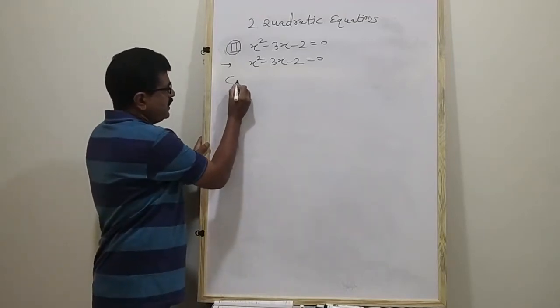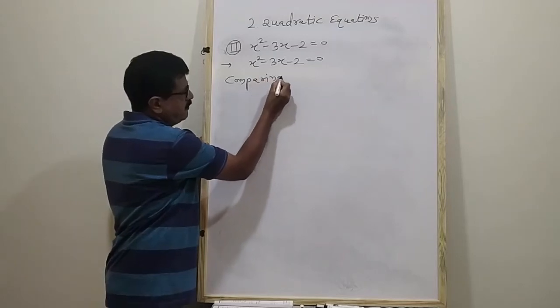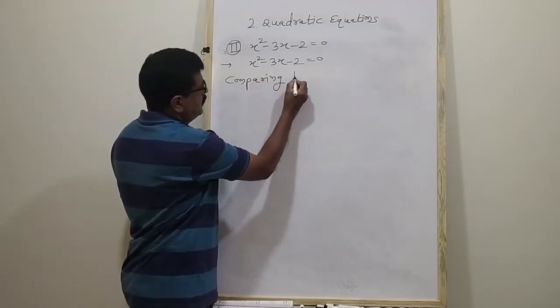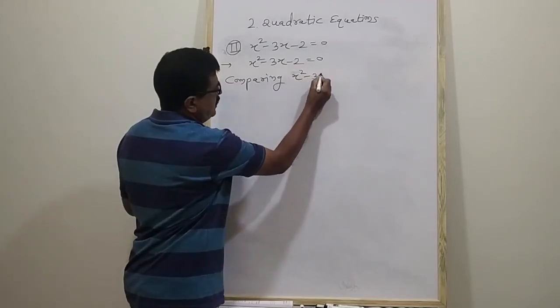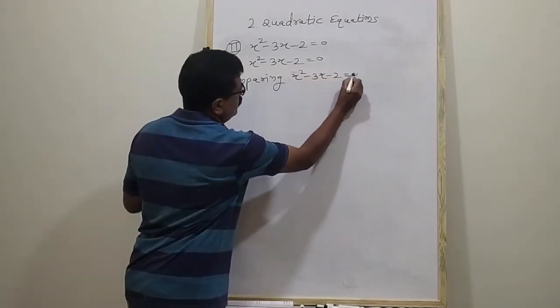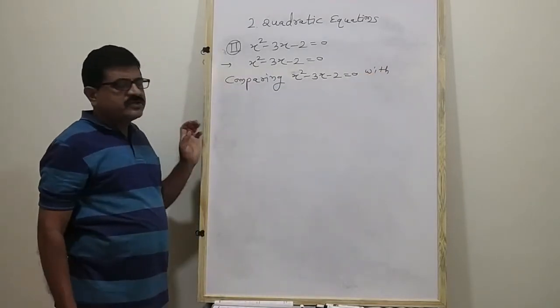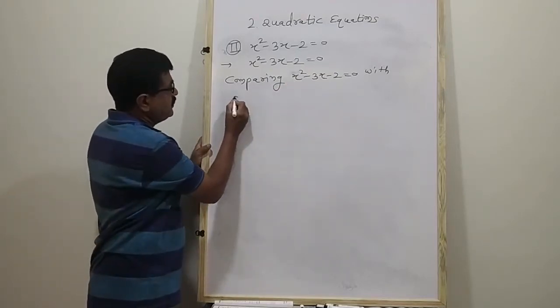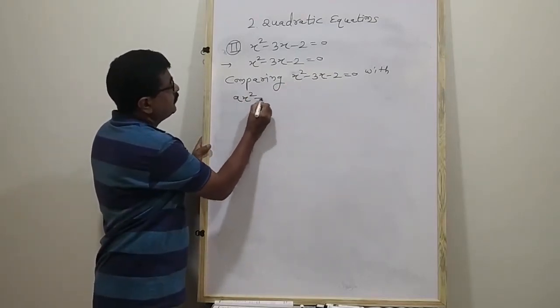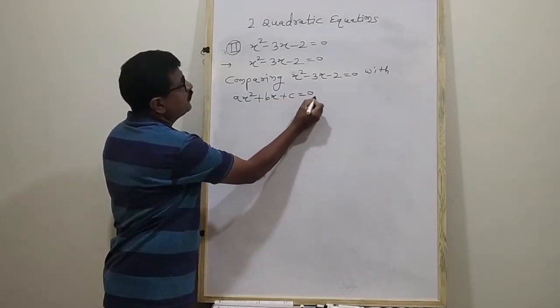Therefore comparing x square minus 3x minus 2 is equal to 0 with the general equation, that is in the form of x. General equation is ax square plus bx plus c is equal to 0.